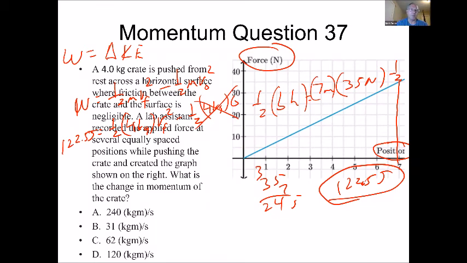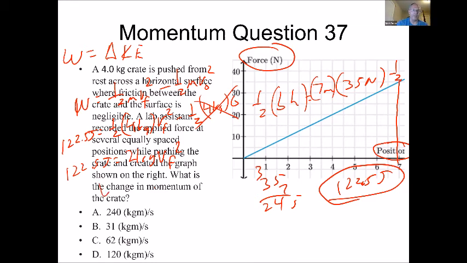So we've got 122.5 joules equals 2 kilograms times VF squared. Divide both sides by 2, and then take the square root.